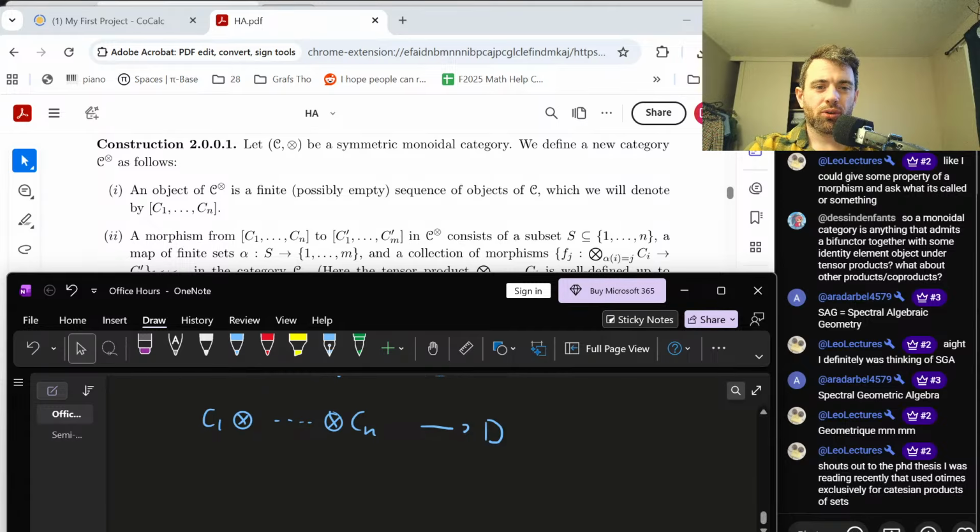Okay, so an object of this category is a finite, possibly empty sequence of objects from some other category.